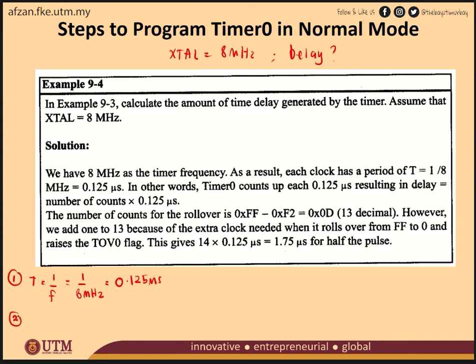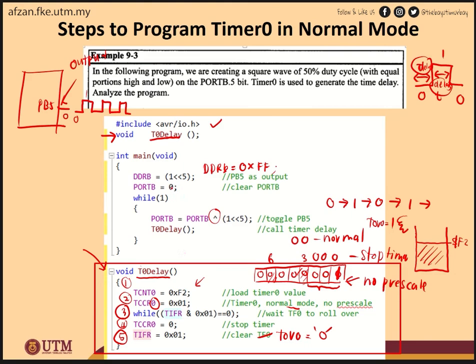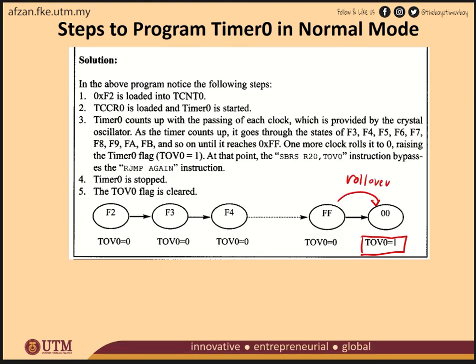Next, the second equation. What is the second equation? Delay equal to count times period. You already know the period, but now you are going to find your delay. In this question, you want to find the time delay generated by the timer. Since you already know that your TCNT equal to F2, you already loaded this value into your TCNT, so you can get your count value.